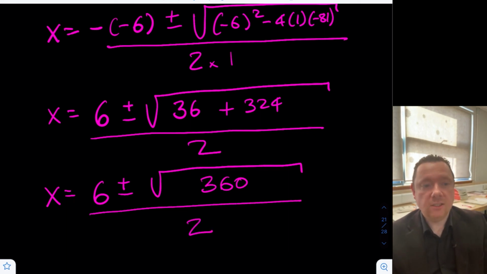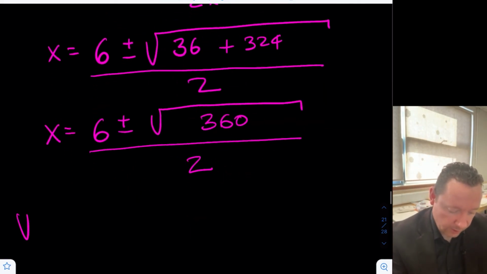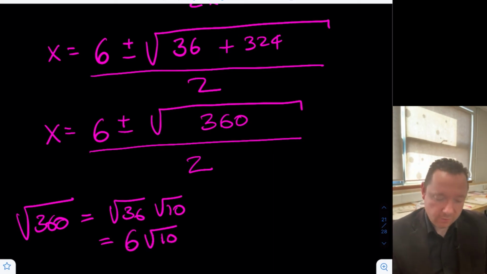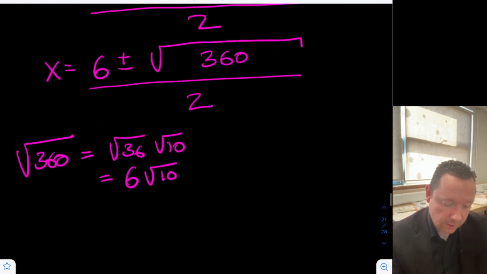Well, you may not know if it's an exact square root, but we can work it out because we can do root 360. Two numbers times together to make that, well, 36 and 10. So that means you get root 36 is 6, root 10. Now, root 10 can't be simplified further, so I can change my root 360 to 6 root 10.